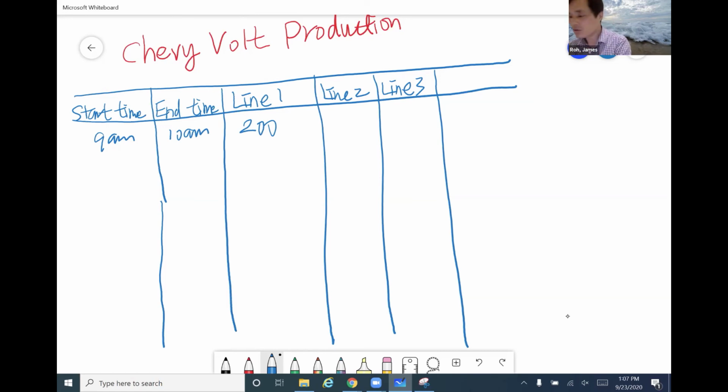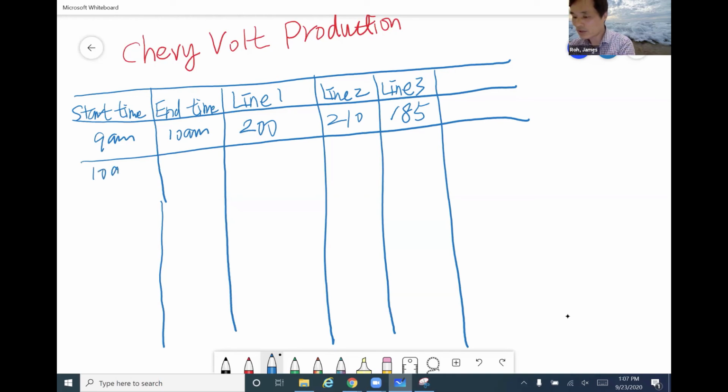In line 2, say they got 9 cars in 1 hour and their mileage per gallon is 210 miles per gallon. In line 3, you found it's 185. And similarly, you are going to do 10 to 11 a.m. and you have done that.